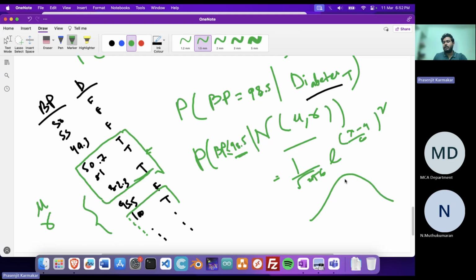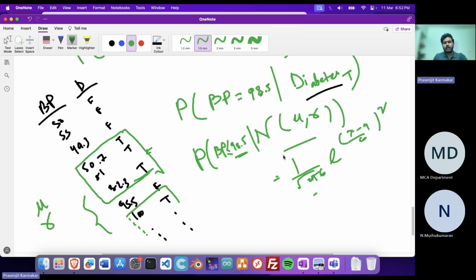So the distribution till 98.5, you get the entire mass till here. Not exactly, it's the probability density function.